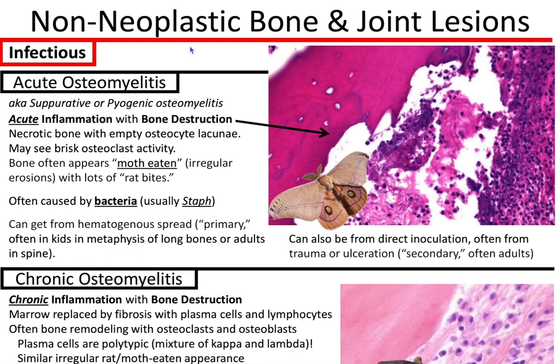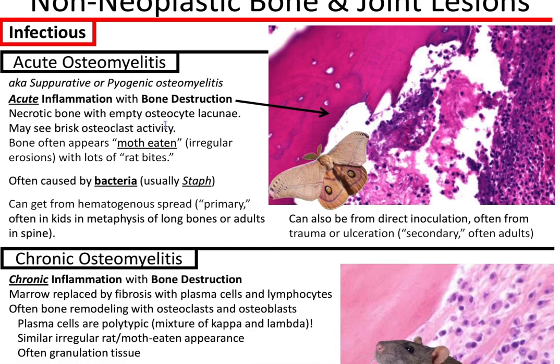So let's talk about the infectious portions of non-neoplastic bone and joint lesions. Acute osteomyelitis. At my institution, we often get amputations, if not for trauma, for osteomyelitis, and we'll sample the ulcer, the underlying bone beneath that ulcer, as well as the surgical margins.